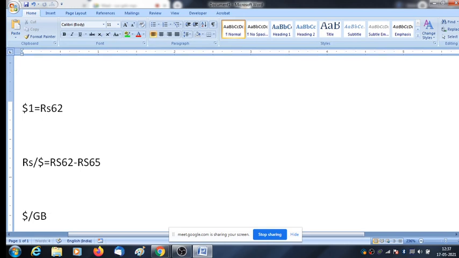Just let us rewrite this. Rupees per dollar, say if it is given as pound, let us make it more complicated. GBP per dollar.